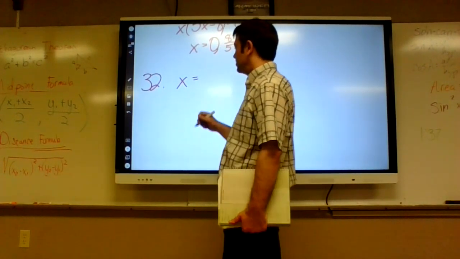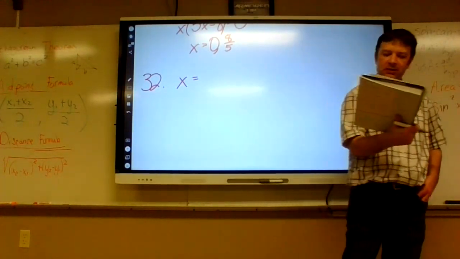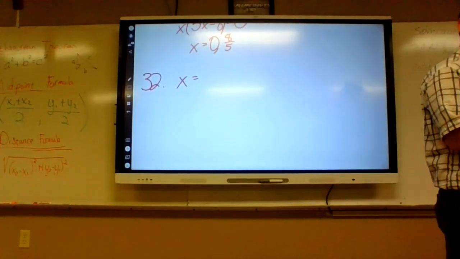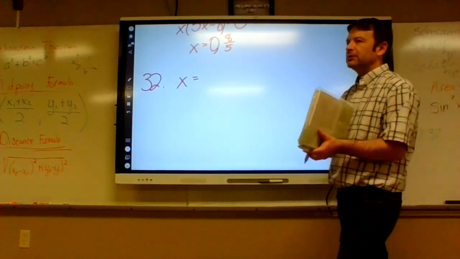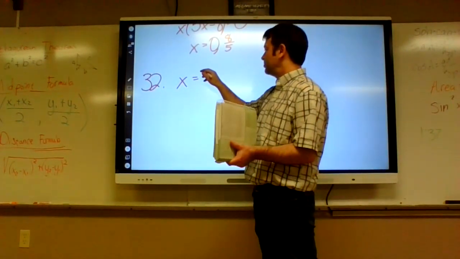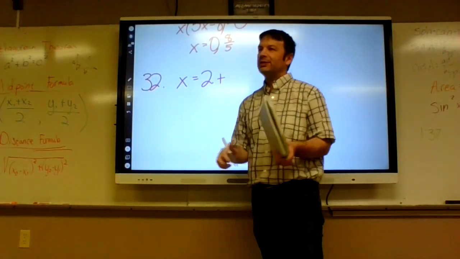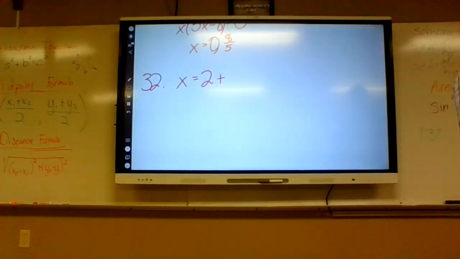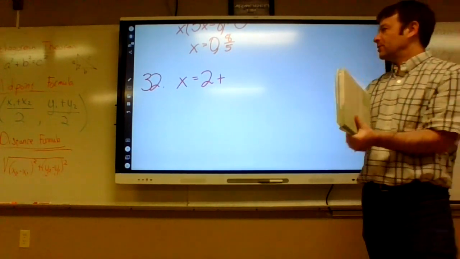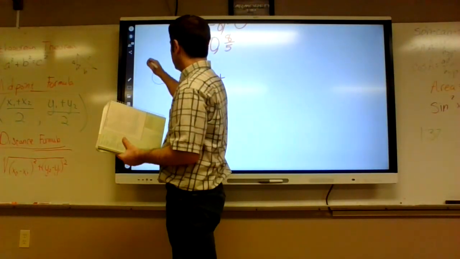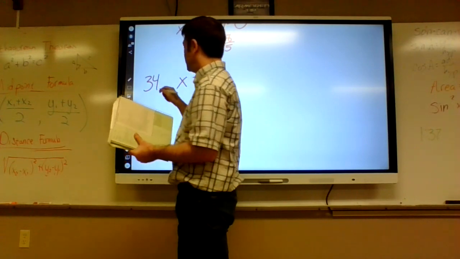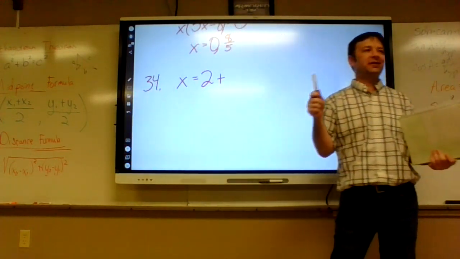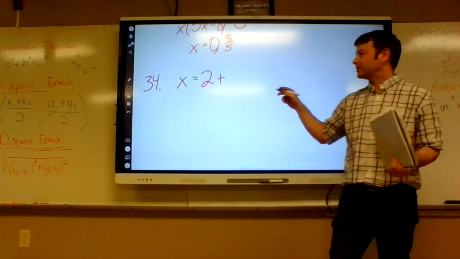The first is 2 more than... plus 2 or 2 plus, because the order of addition doesn't matter. 2 more than twice the second. This is 34, I skipped 32. X equals 2 plus... Twice the second number. 2y.